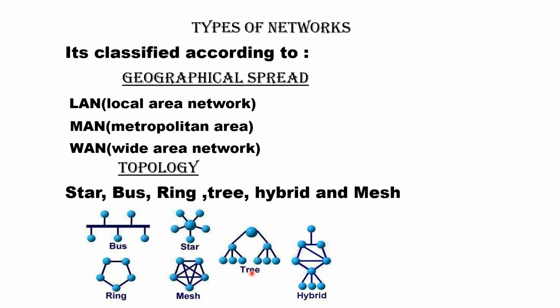Then there is the tree, which has a structure of a tree. Then there is the ring topology, and there is the mesh topology, and then there is the hybrid. The hybrid network is the combination of one or two topologies, making it a hybrid.